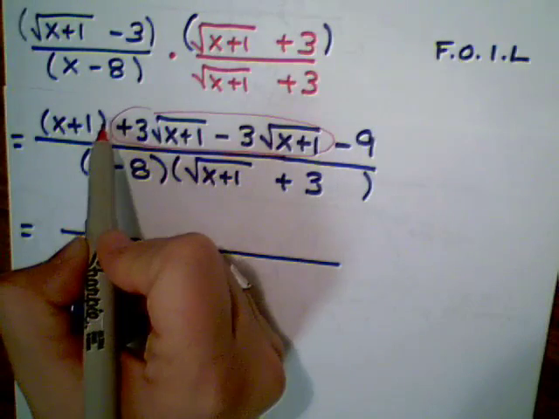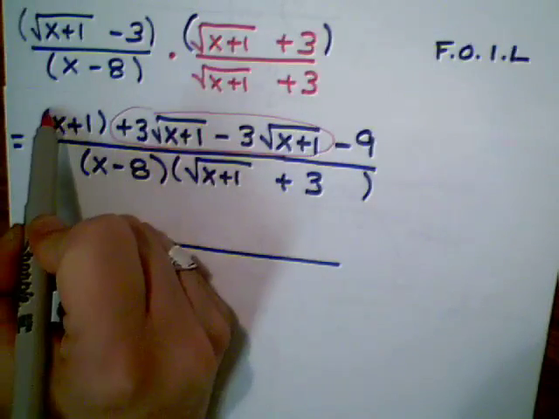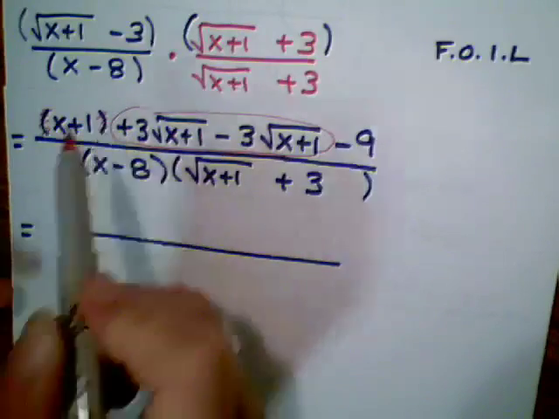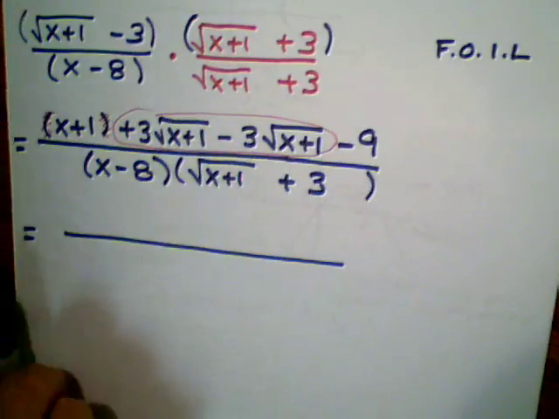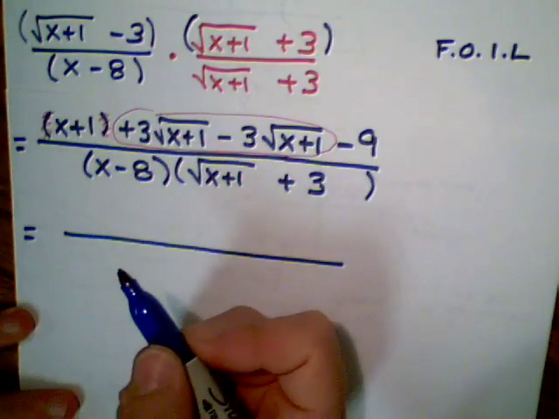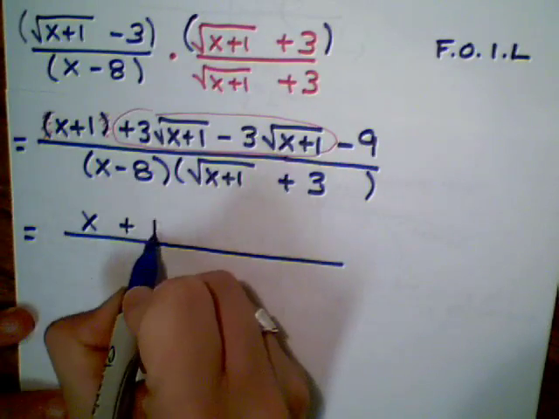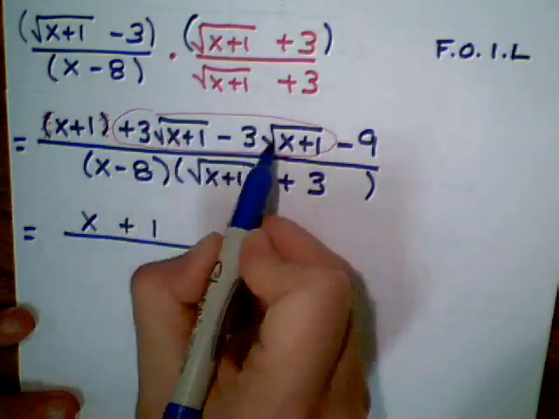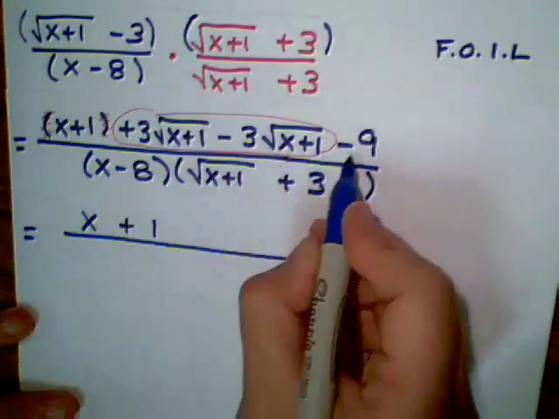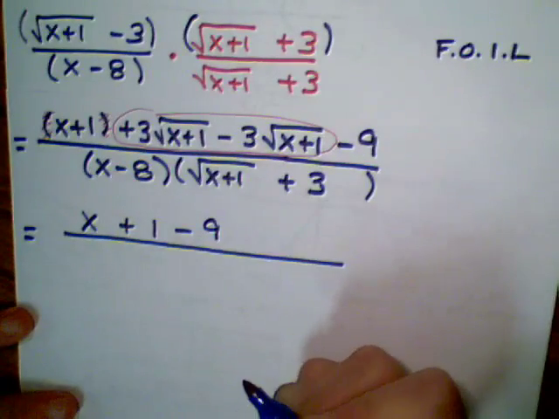Okay. And while I'm here, I see that I use some grouping symbols, and those grouping symbols can fall away because it's just a sum. Okay. So in the numerator, we have x plus 1 from here, plus 0, and we need to subtract 9.